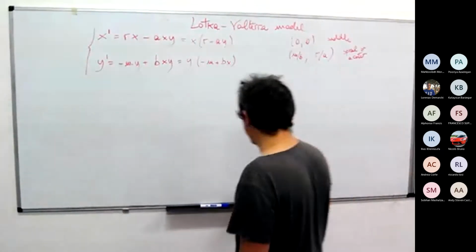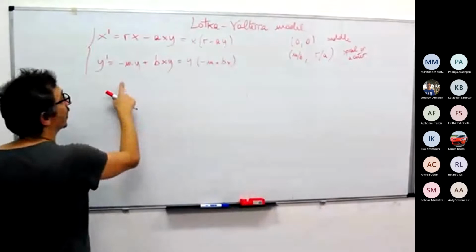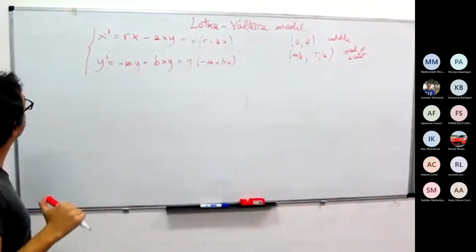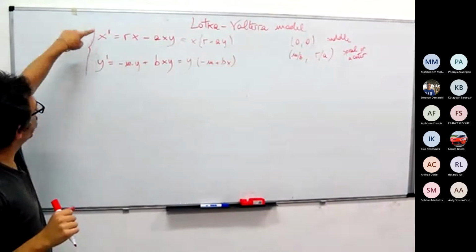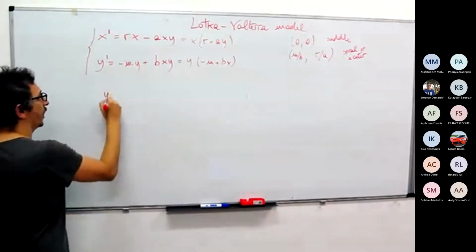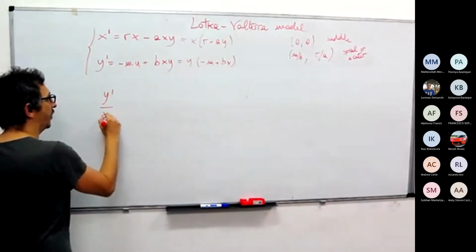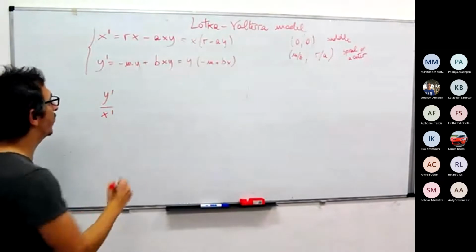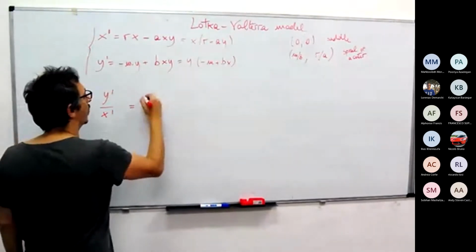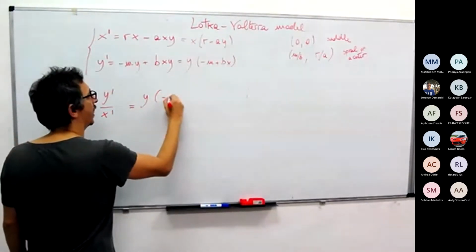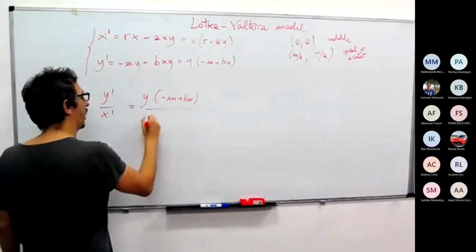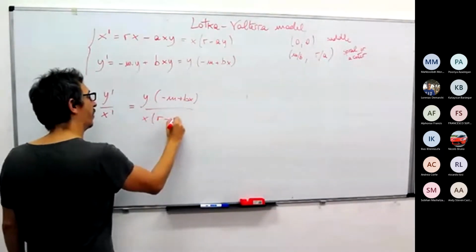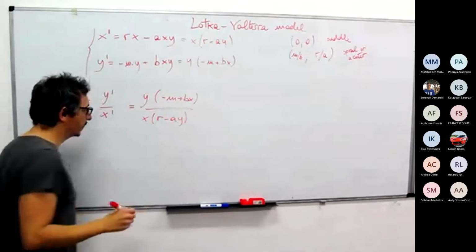Because I can do the following. I can look at these equations. I can divide the second equation by the first equation, so I can calculate y prime divided by x prime, which is equal to y times minus m plus bx, divided by x times r minus a y.